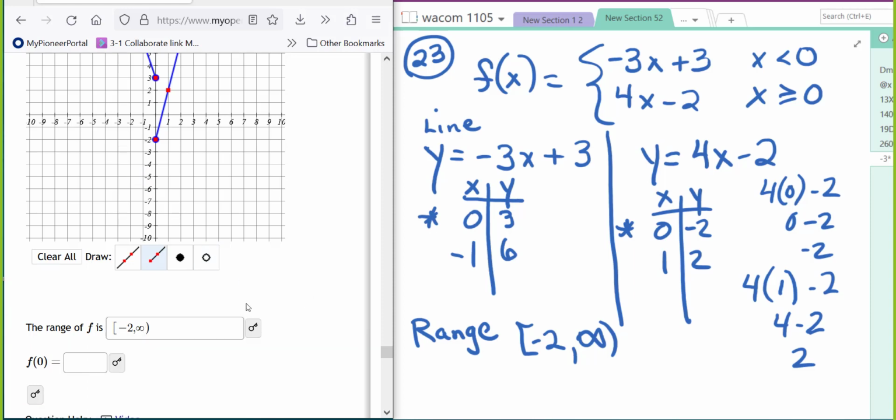Right, and then they want to know f of 0. When x is 0, what is it equal to? And you could do that algebraically, or you can look at your picture. You have to just remember which endpoint it really is. So it's going to be one of these two endpoints.